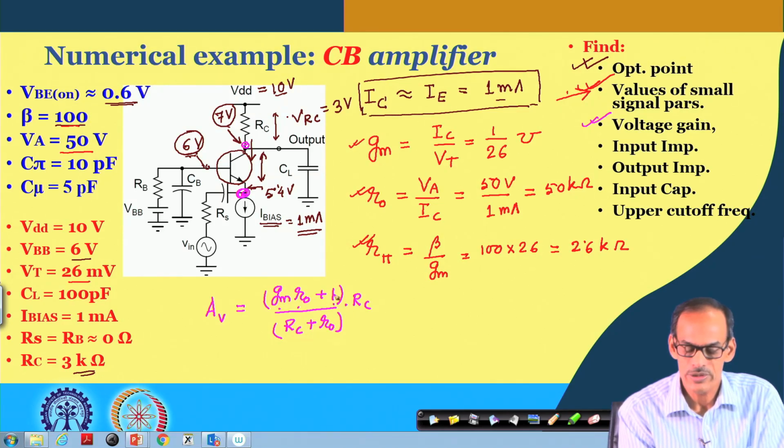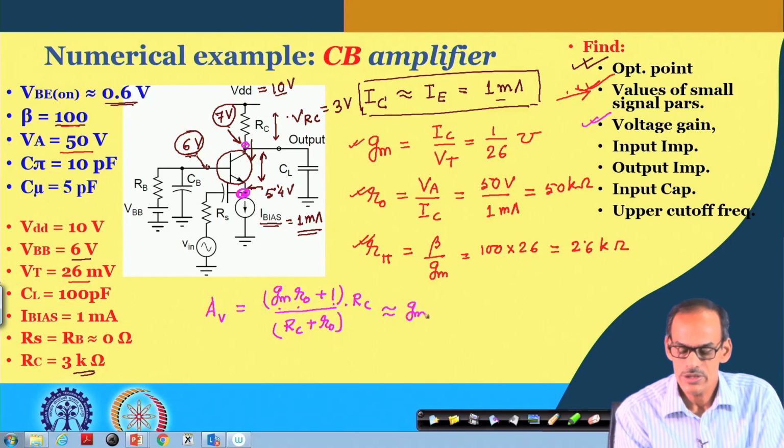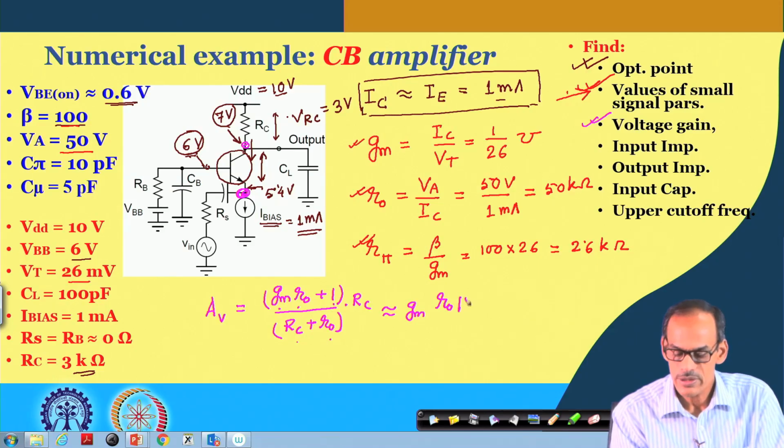So, we can drop this 1 and we can say that this is G m into R naught into R C divided by R C plus R naught, which is actually R naught and R C in parallel.